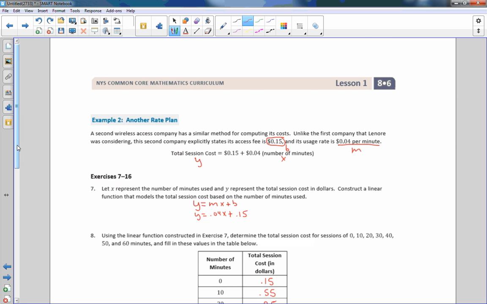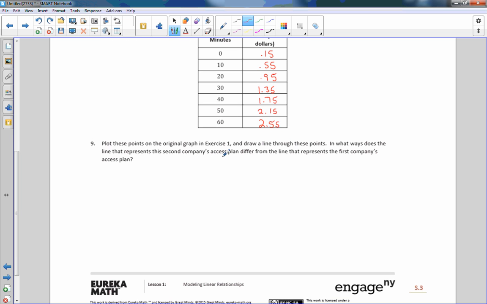Go back to the question here, and it says, in which ways does the line that represents the second company's plan differ from the line that represents the first plan? Well, the second company charges more to connect.